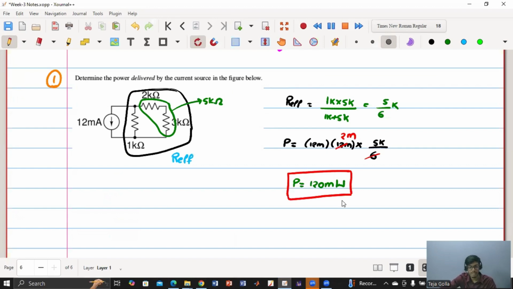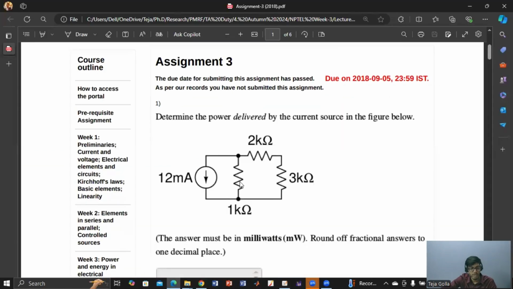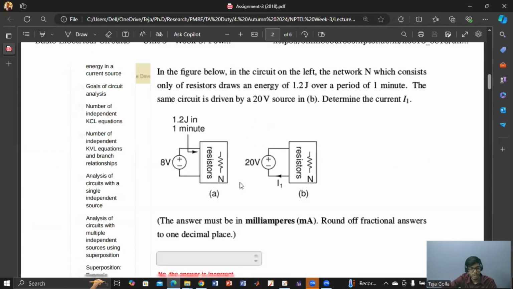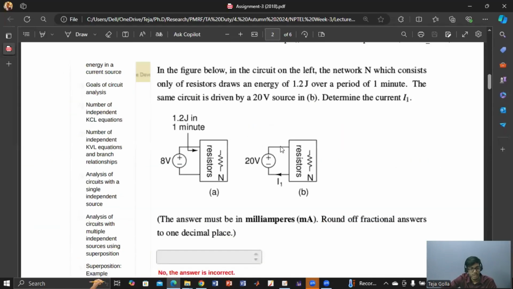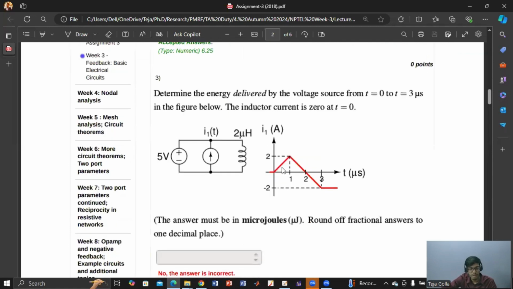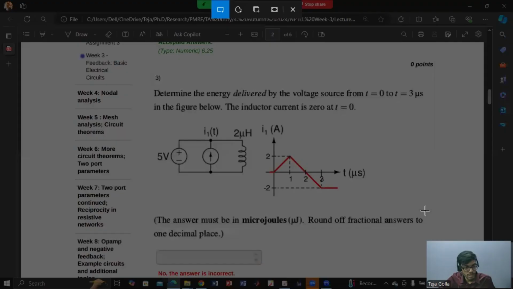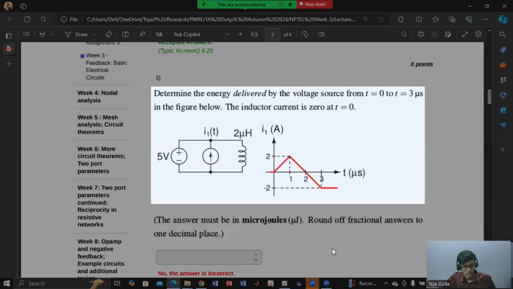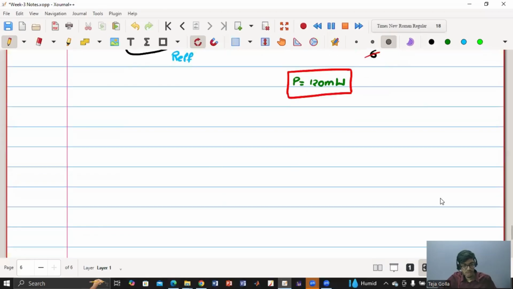But we'll get into an example where we'll get a negative part, meaning power can be positive or negative depending upon whether it is delivering or absorbing. This is a simple question, so I'm skipping it. I'll come back to it when we have time, but I'll cover very crucial and important questions, which are a little bit complicated, where we need some understanding to solve.